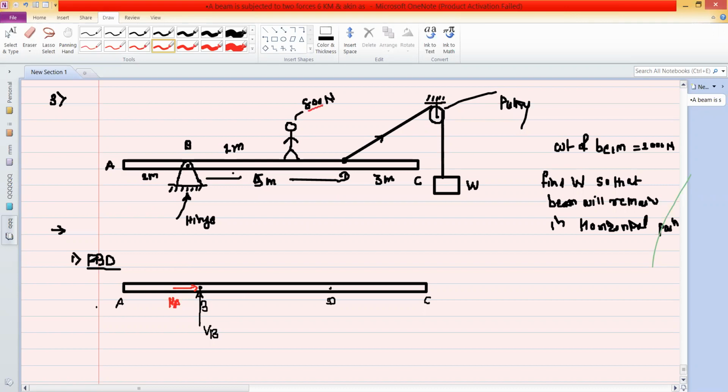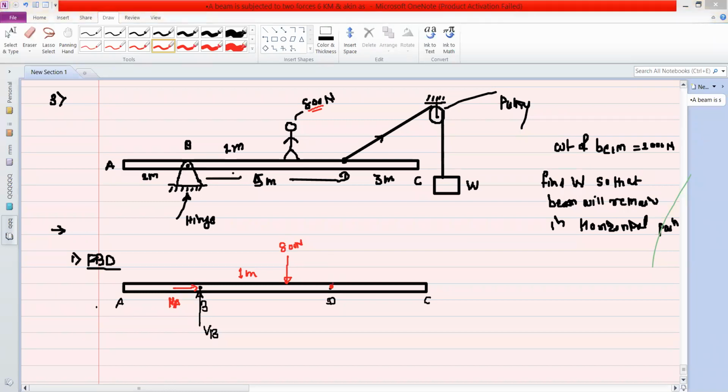Then 800 Newton is the weight of the man. So we can show one point load for this man, and its value is 800 Newton. It is at a distance of 1 meter with respect to point B. Then at point D, it is the cable support.